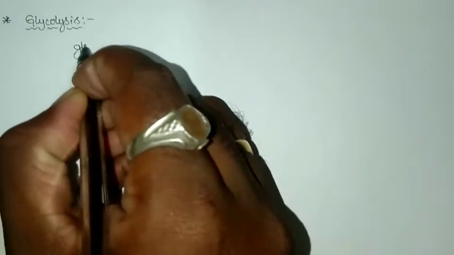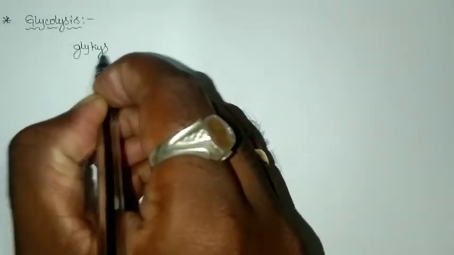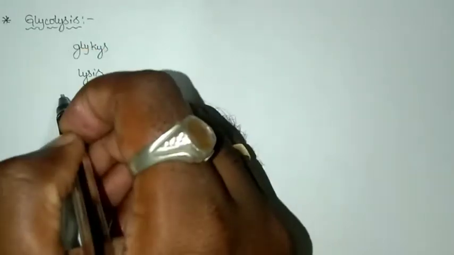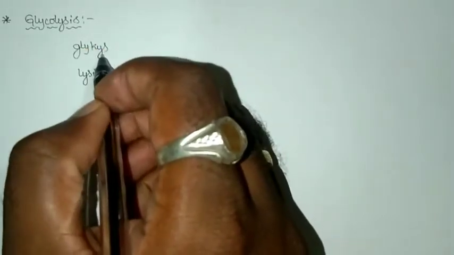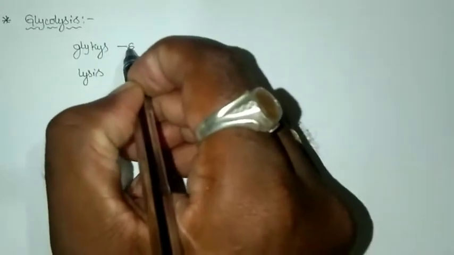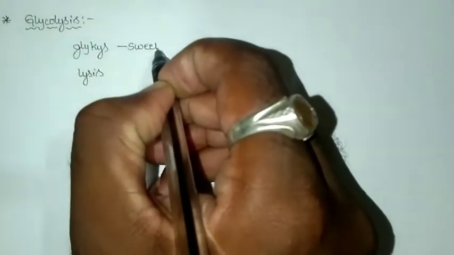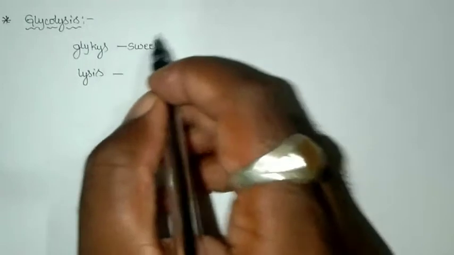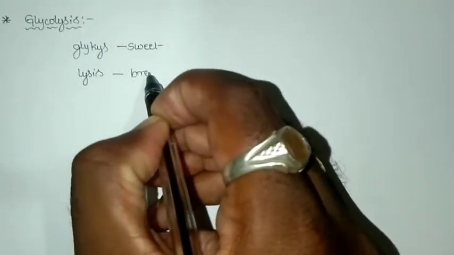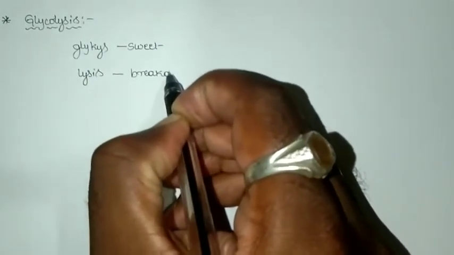So now we shall proceed further with the term glycolysis. The term glycolysis is actually derived from the Greek words glykis and lysis. The meaning of glykis is sweet, and the meaning of lysis is breakdown.